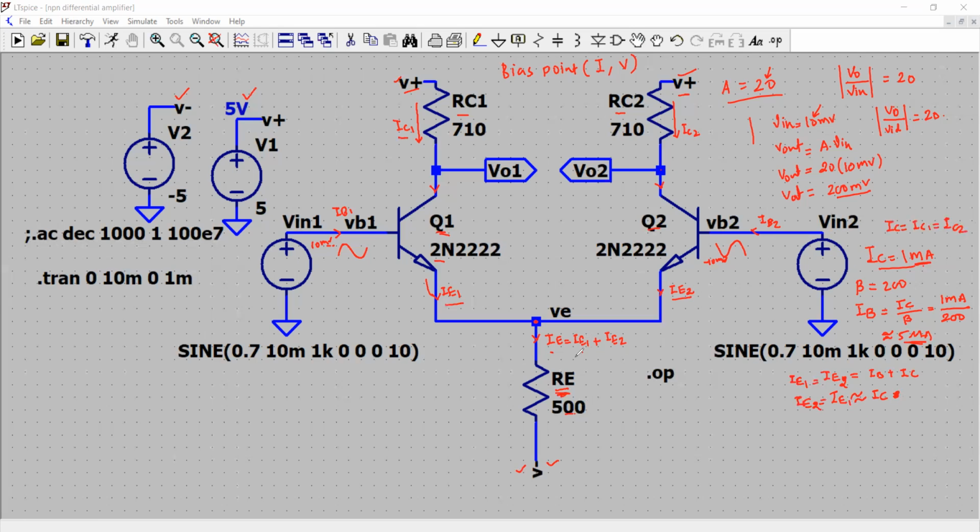Okay, and now the value of IE would be I1 plus I2, which is approximately 1 milliampere plus 1 milliampere, approximately 2 milliampere. So this current that is flowing is approximately 2 milliampere, and the collector current here is 1 milliampere in each branch of the transistors.